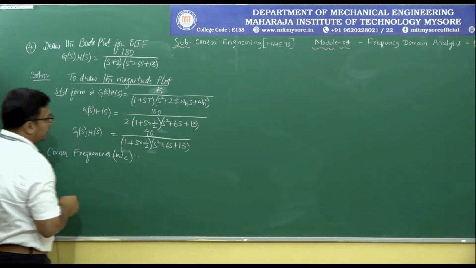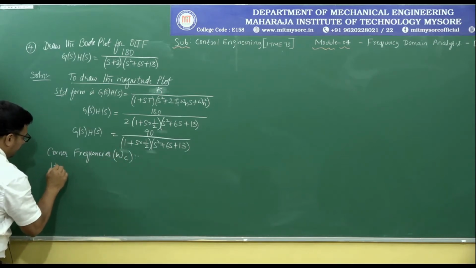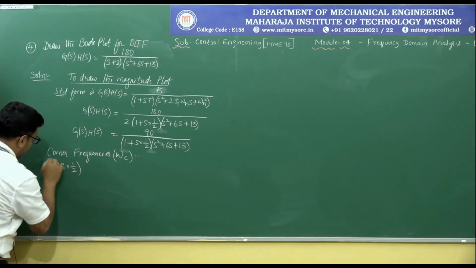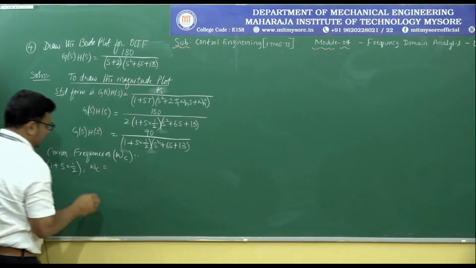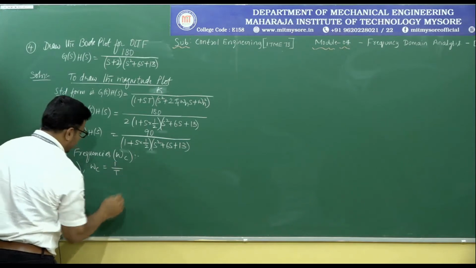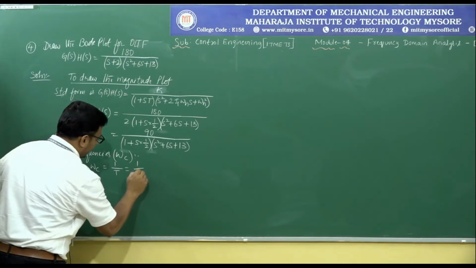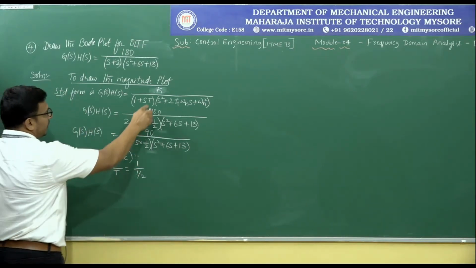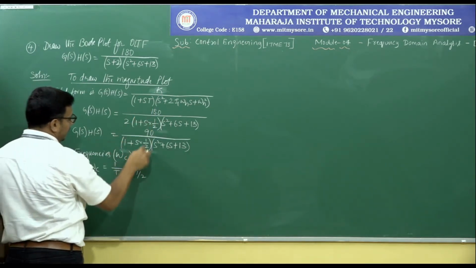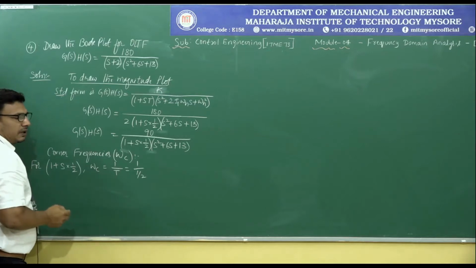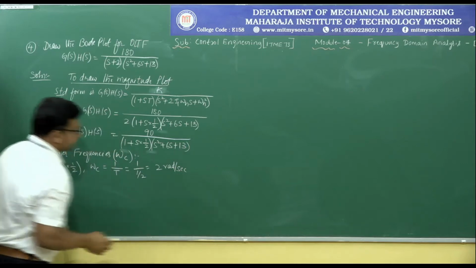For the factor 1 plus S into 1 by 2, the corner frequency formula is 1 by T. T over here is 1 by 2, because if you compare the factor with the standard form, you will find that T is nothing but 1 by 2. So, 1 by T means 2 radians per second.